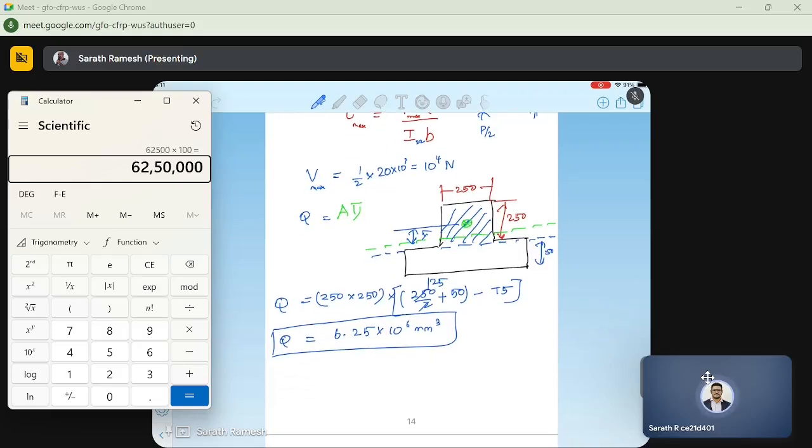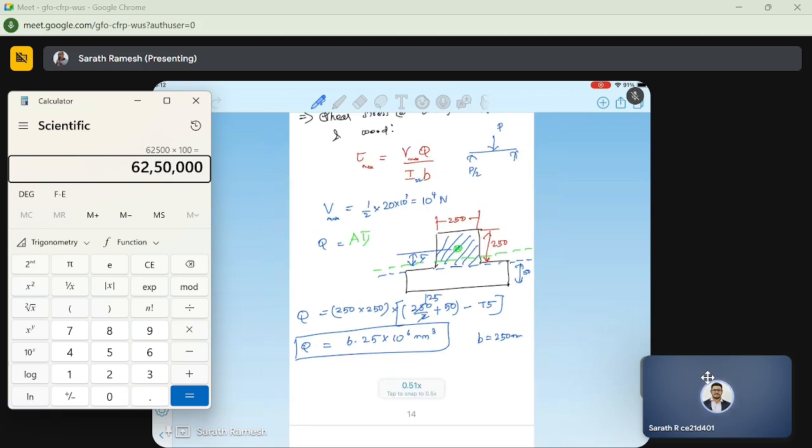What is B? B is the width of the section at the interface, which is 250.